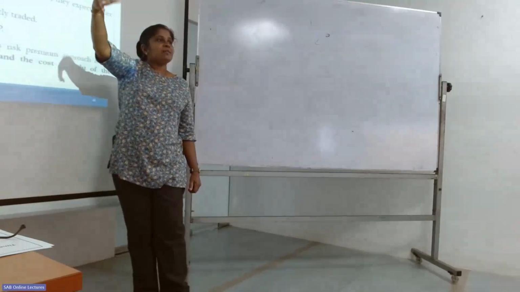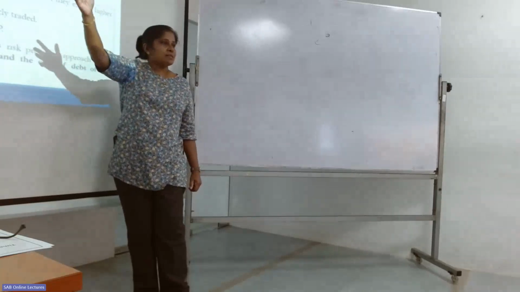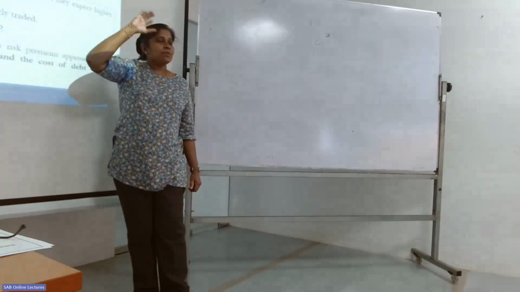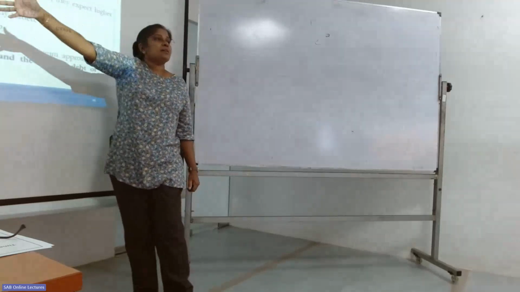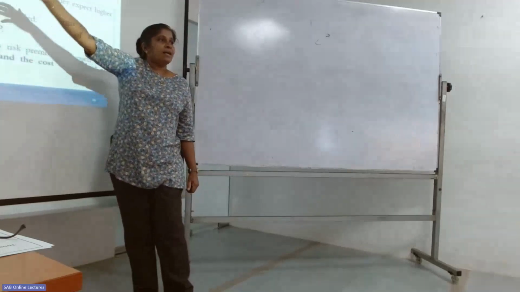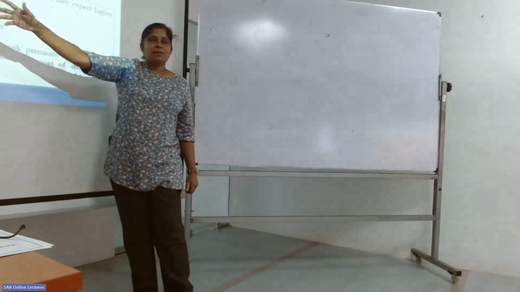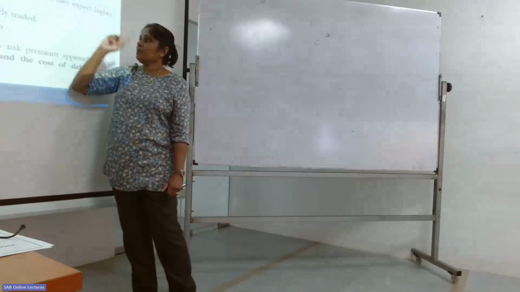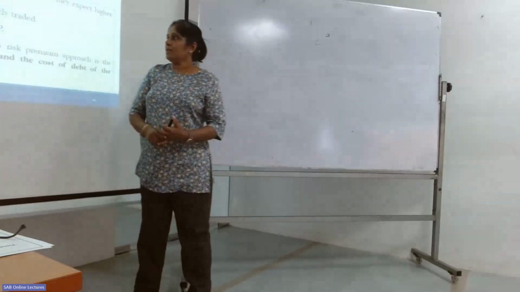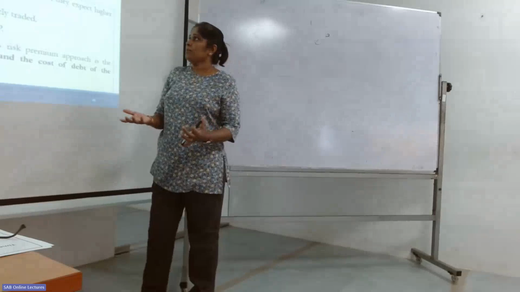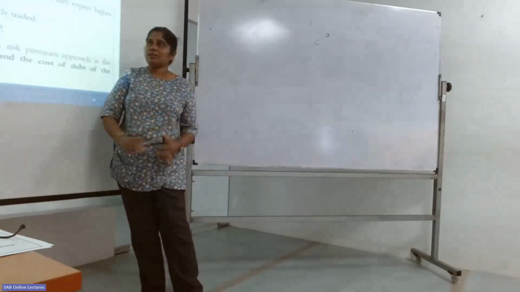They are the ultimate risk takers. They are the residual owners. So for that, they should have some extra premium over the bond yield, over the bondholders' rate of return. So we are adding this risk premium to the cost of debt or the YTM. That is a simple method, which we call the bond yield plus risk premium method.